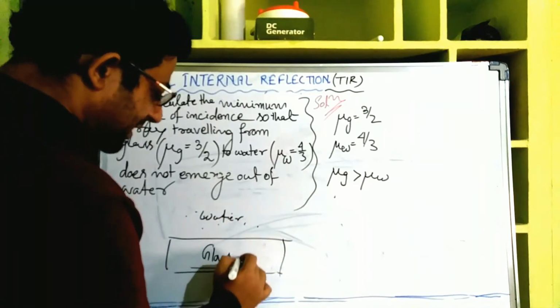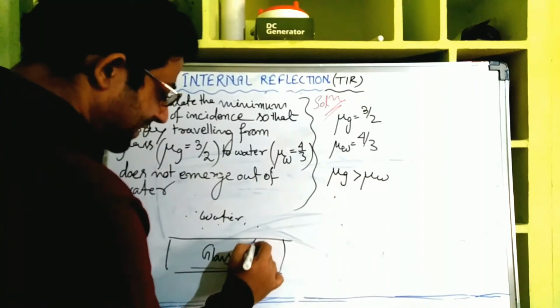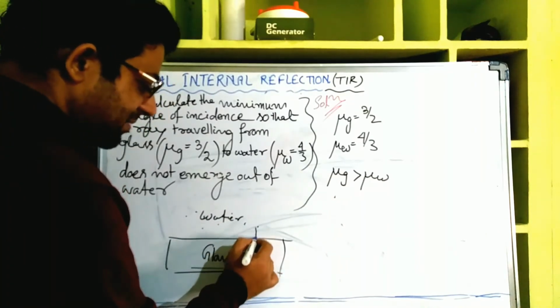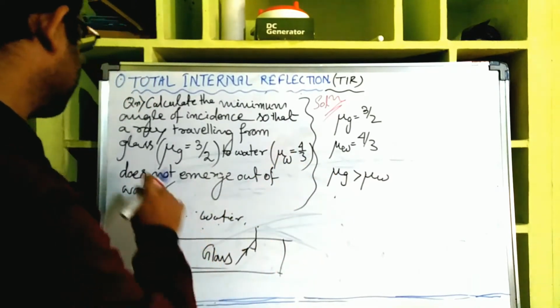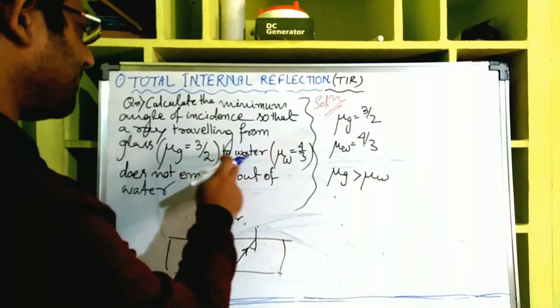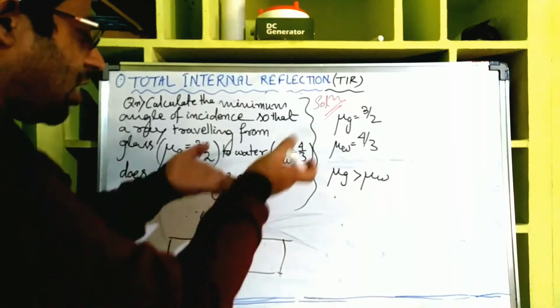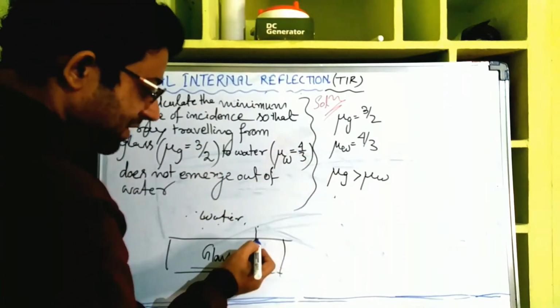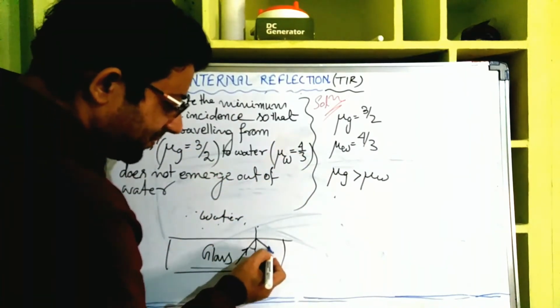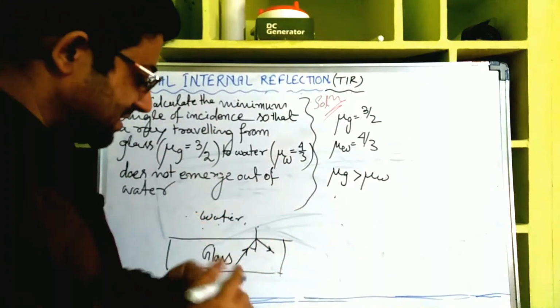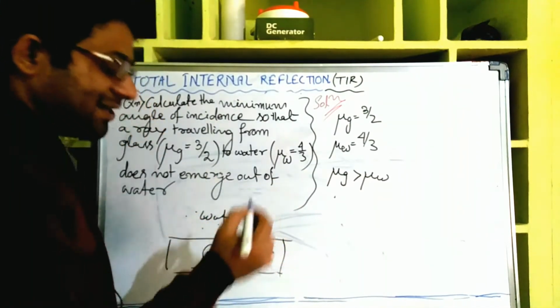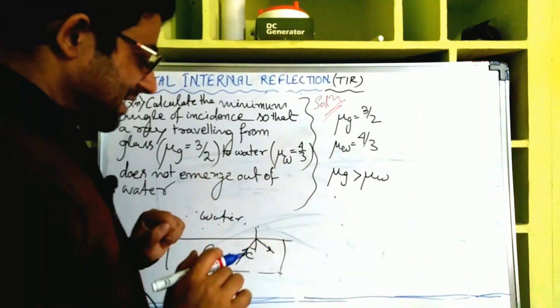Now from glass, if a light ray is coming out, what is the minimum angle of incidence so that it doesn't come out of water? That's what it is asking. A ray traveling from glass to water does not emerge out of water. That means what is the minimum angle for which total internal reflection takes place. That's the question. Or indirectly it's asking what is the critical angle, as simple as that, right?